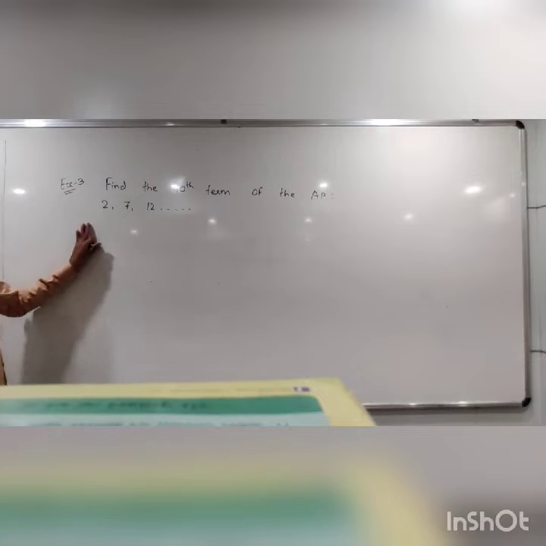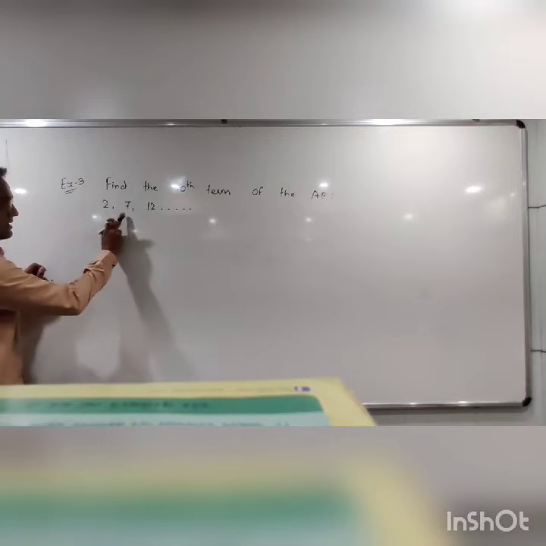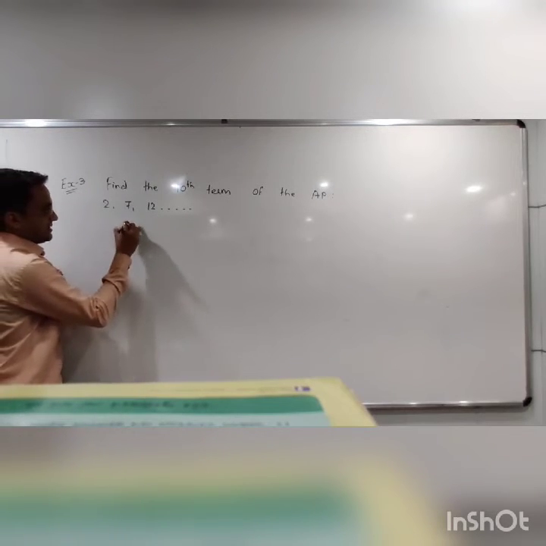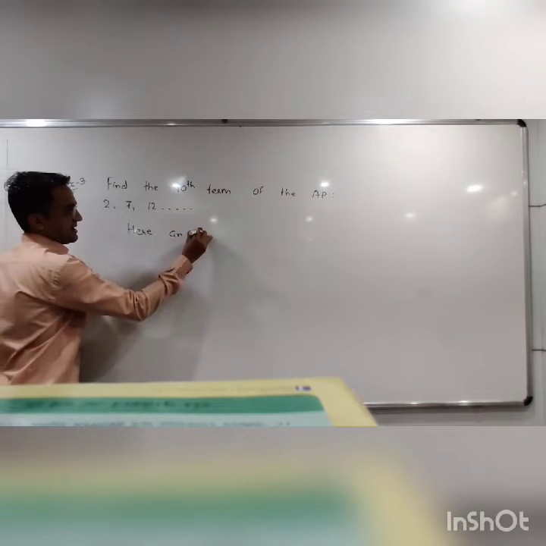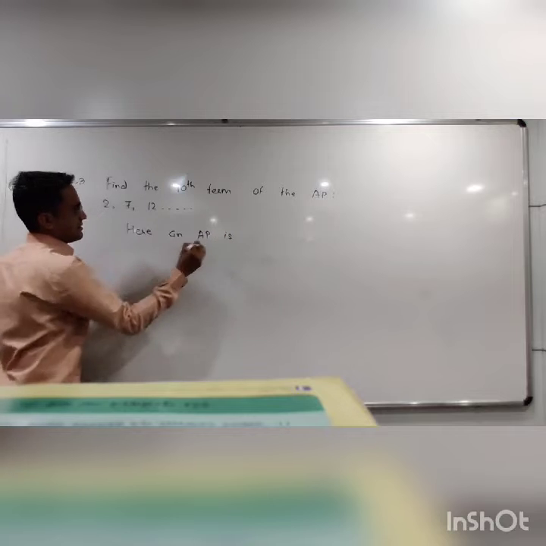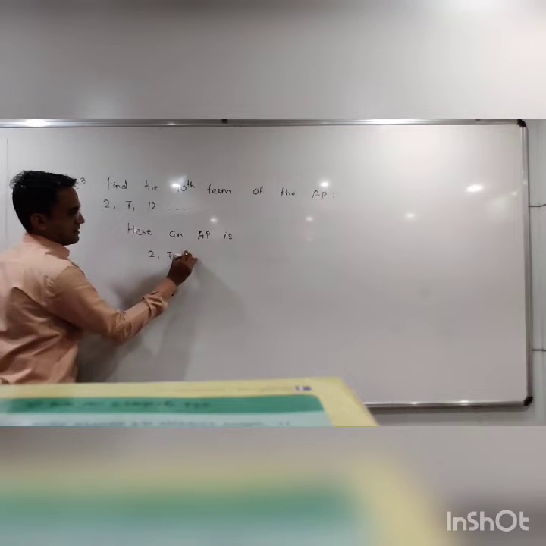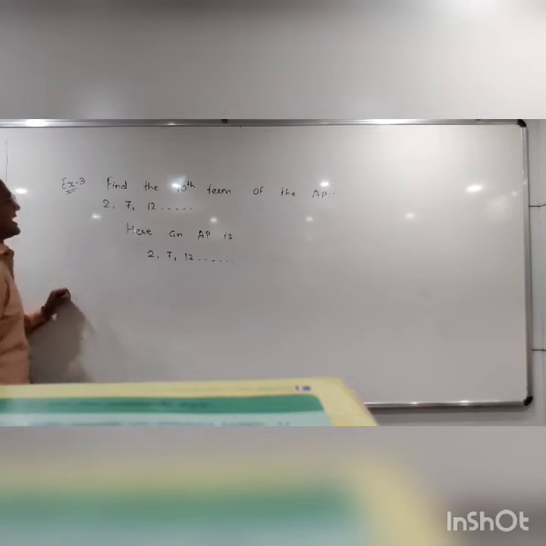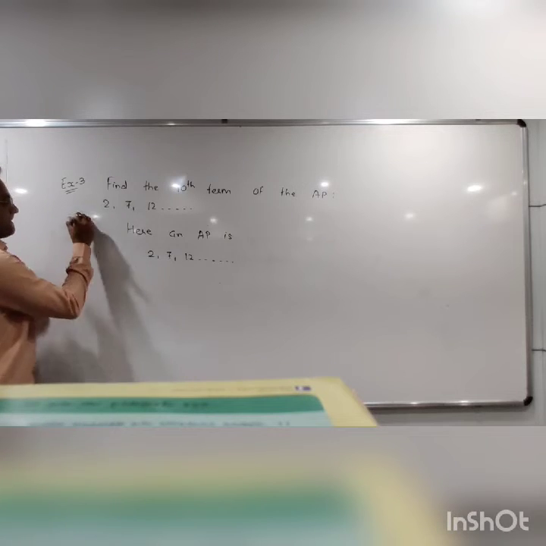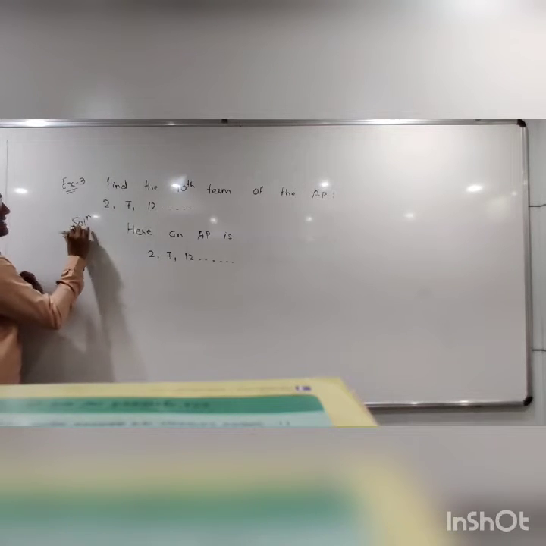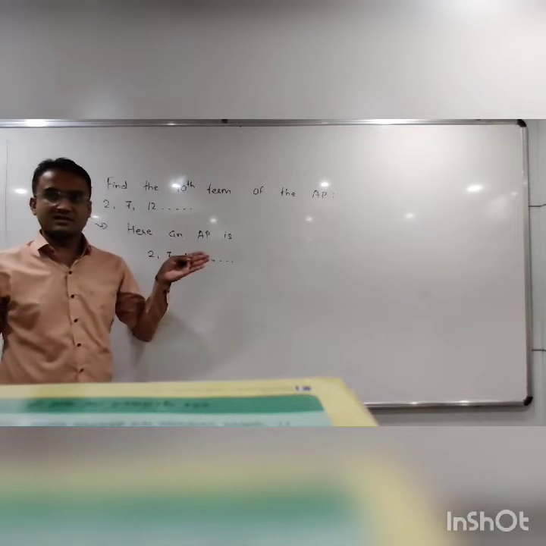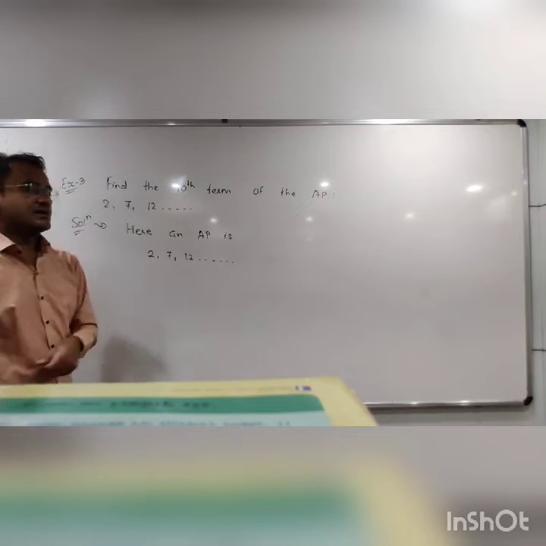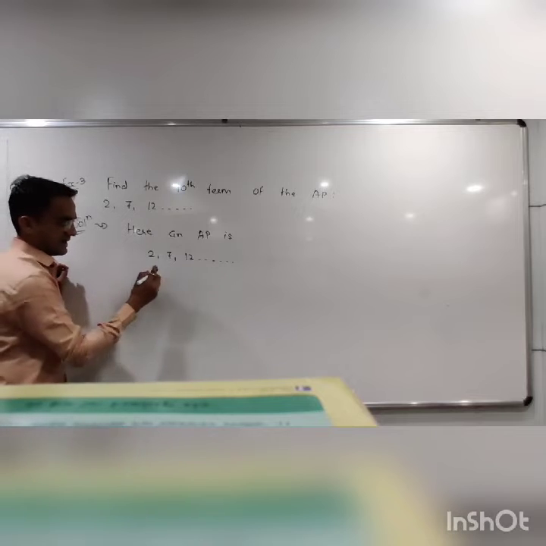Now, see, this is your AP. In the question it is given that this one is an AP, so the common difference will be the same, right? So you have to find d.